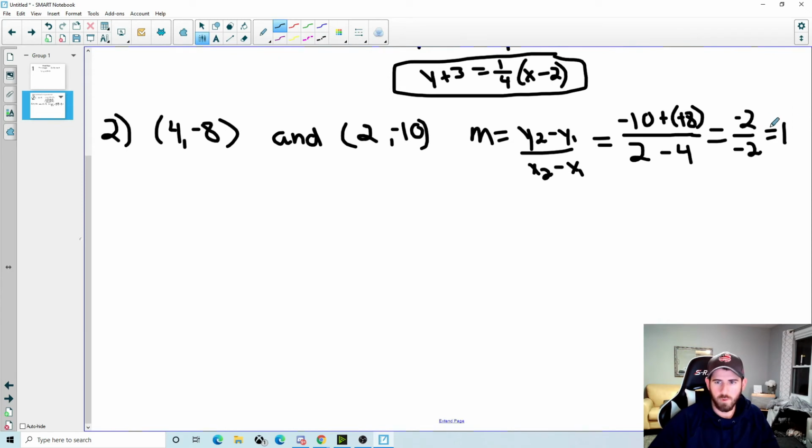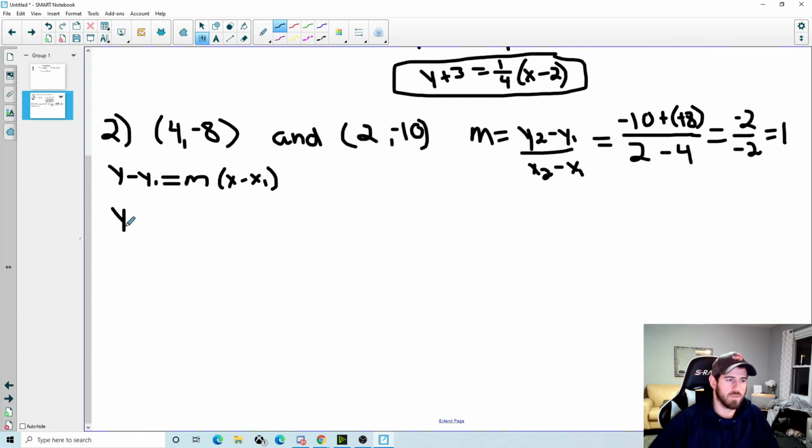So we take the 1 and we take either of these points. It doesn't matter which one. Some people try to avoid the bigger numbers, whatever it may be. It's technically up to you, but we'll just use the first point. So I'm going to plug that in again. I have y minus y1 equals m times x minus x1.